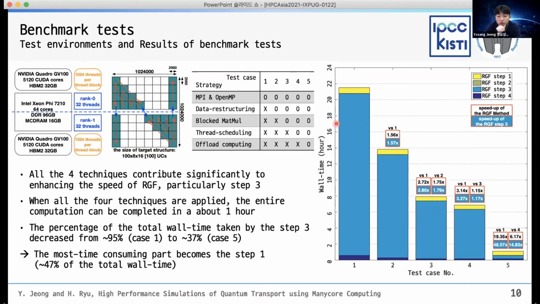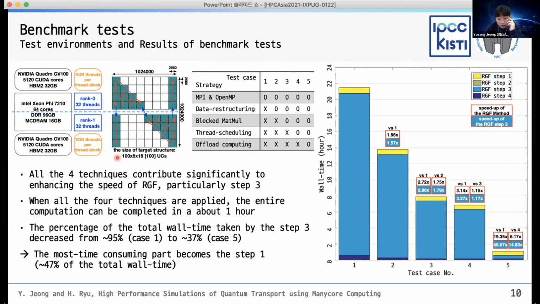The size of the target structure is 100 by 8 by 16 UCs, and this structure has a total of 102,400 atoms. The size of the system matrix is 1,024,000 by 1,024,000. The RGF computation is performed for a single energy point, and we measured the work time taken by the 4 computational steps.